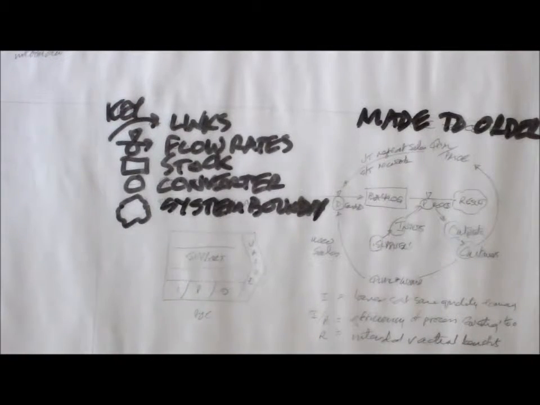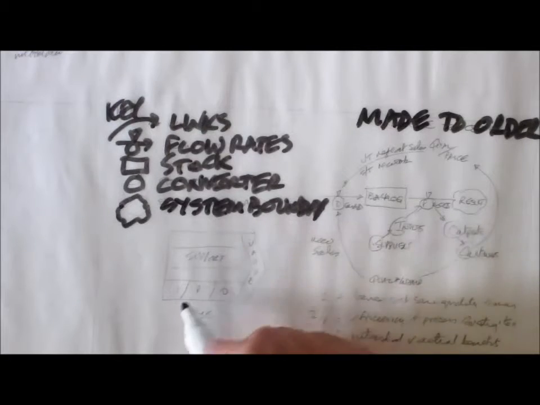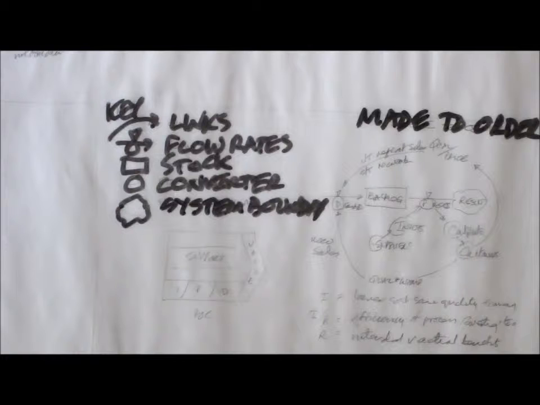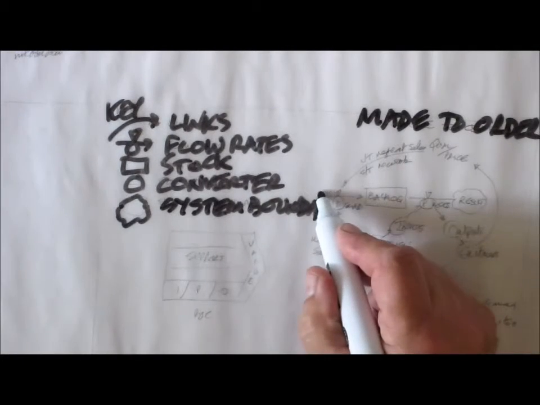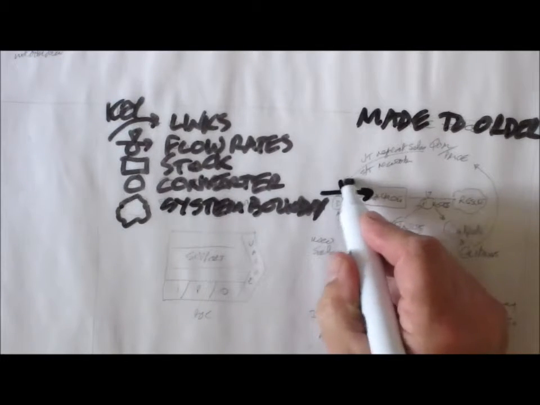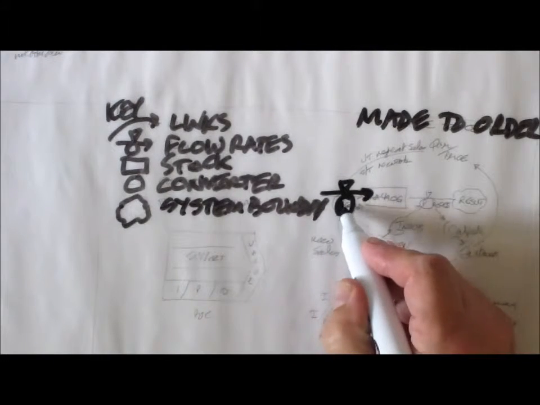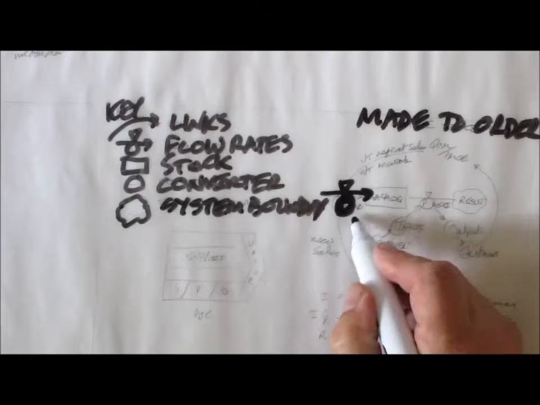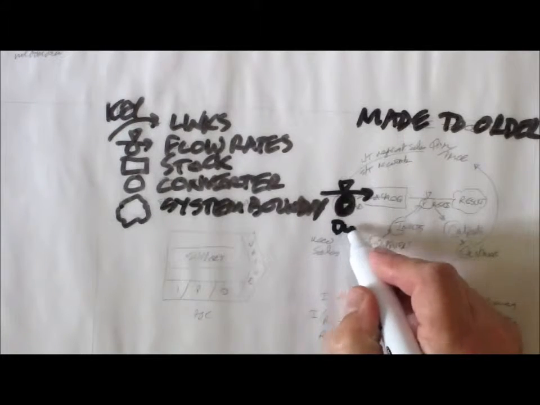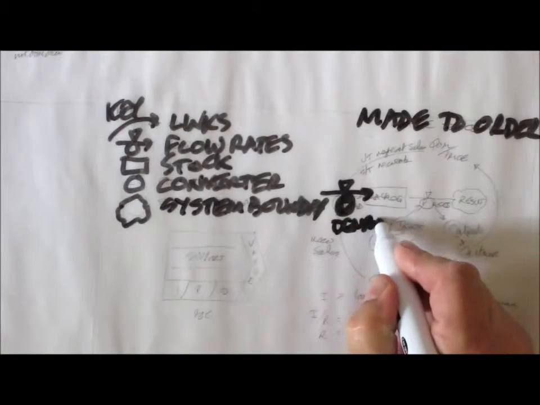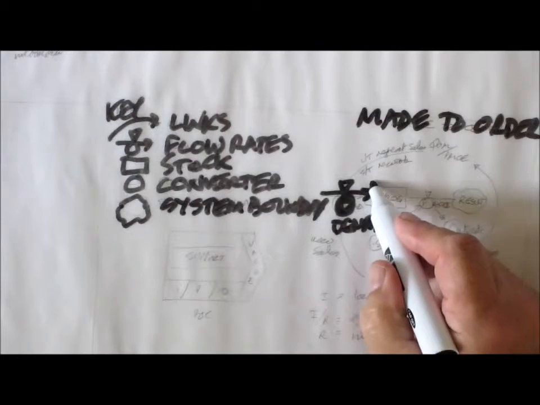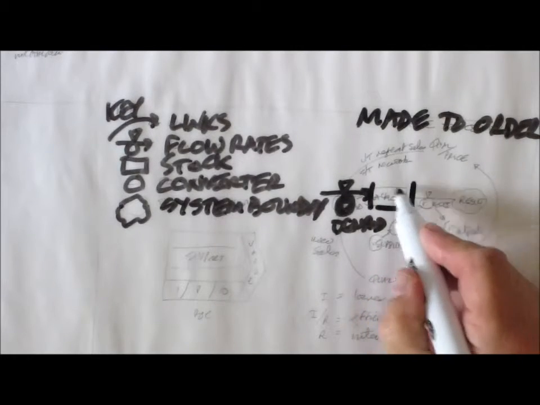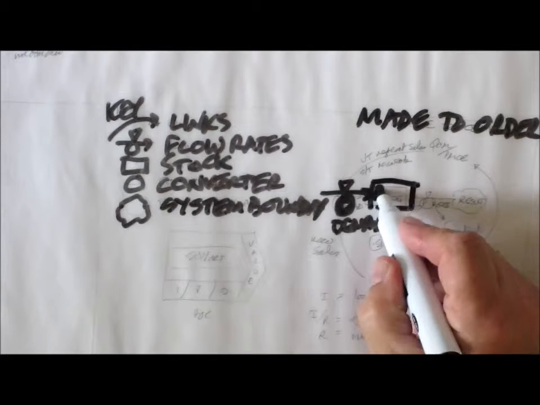As you may recall from previous talks, we are certainly looking at several features in a business model common to all business models. So we have something here called D for demand, and that's an inflow to a stock called backlog.